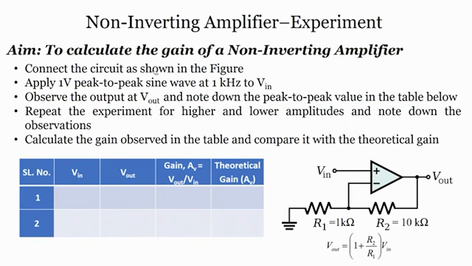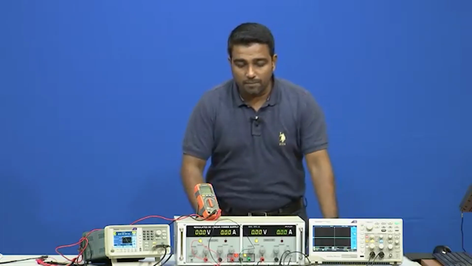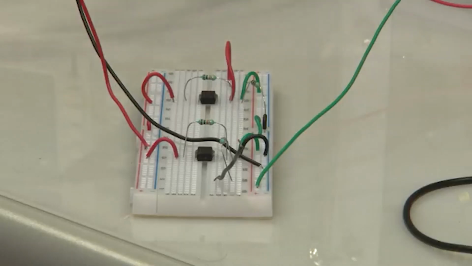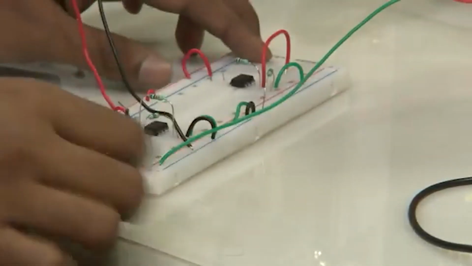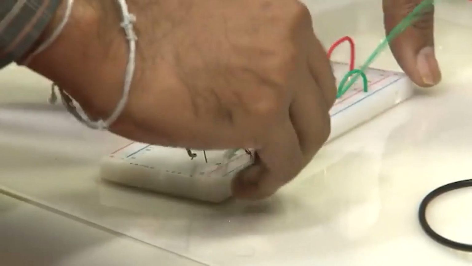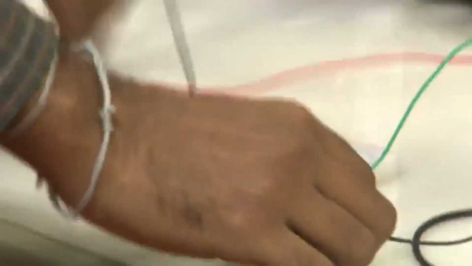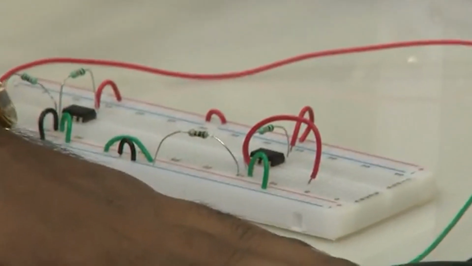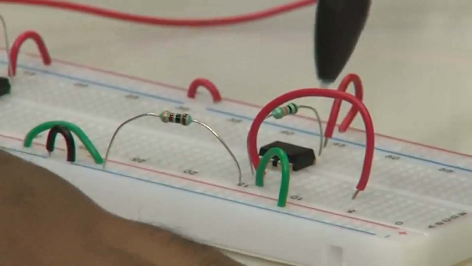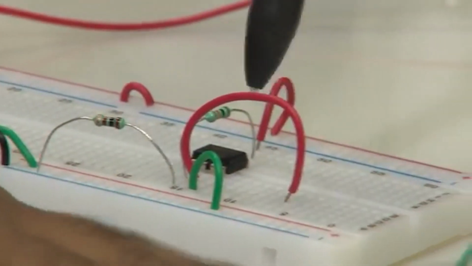Again, I will request Suman Chatterjee to help us with the experiment. If you see the breadboard, we have already connected the non-inverting amplifier. We have not given the input signal yet, but this circuit where I am pointing my finger is the non-inverting amplifier.